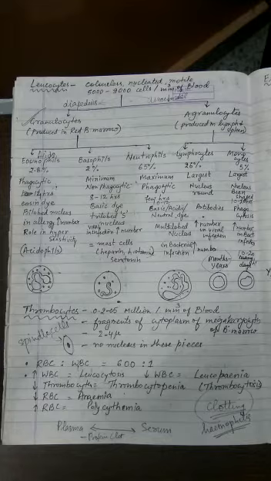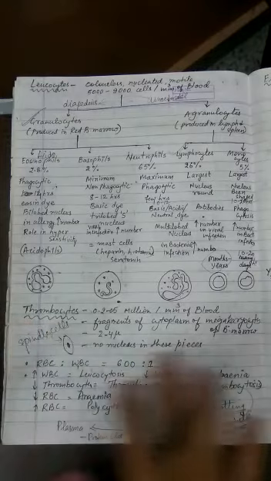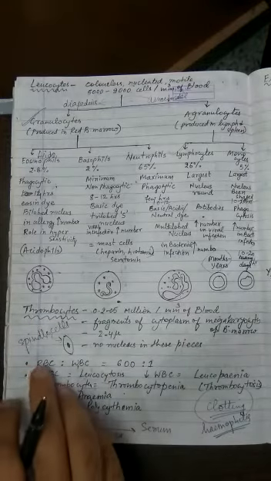And remember that the plasma takes part in the clot formation, and there is no role of serum in the clot formation. To be more precise, serum is formed after the clot formation has taken place. So this brings us to the closure of the topic of connective tissue, fluid connective tissue.